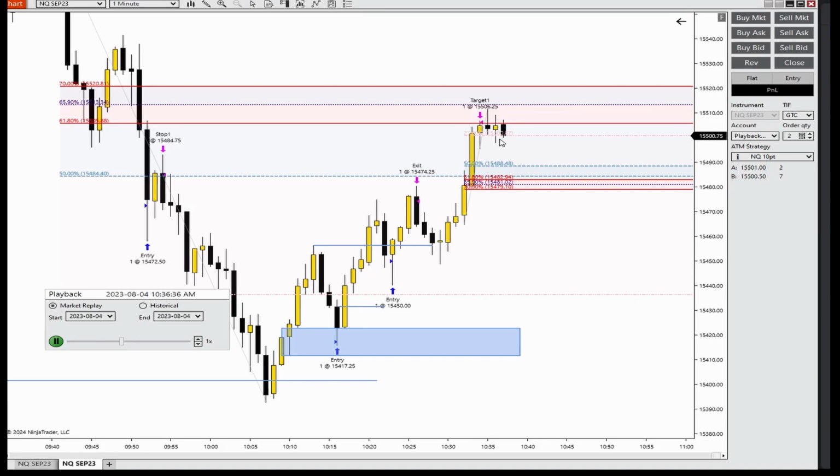This looks like we're getting a little bit of consolidation. I definitely think we go above this high, 1175. She's having trouble.